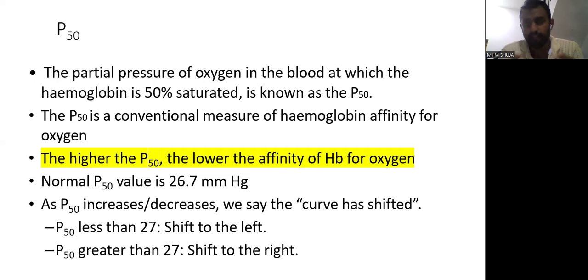Now we will combine the P50 with affinity. Just imagine, if you are loving towards the hemoglobin, at low pressure you will go and bind. You got my point.